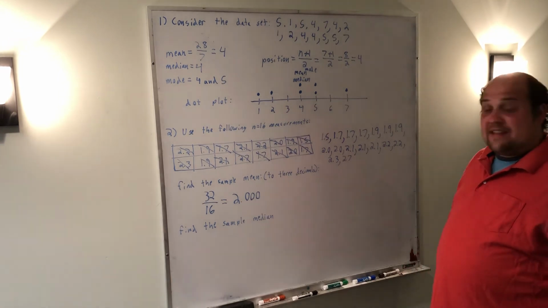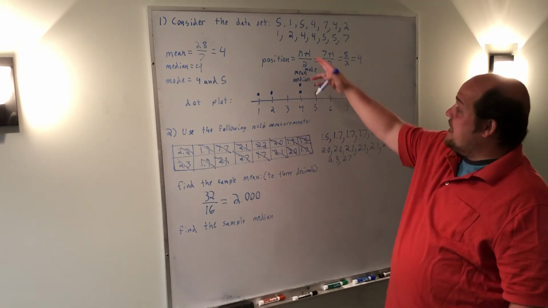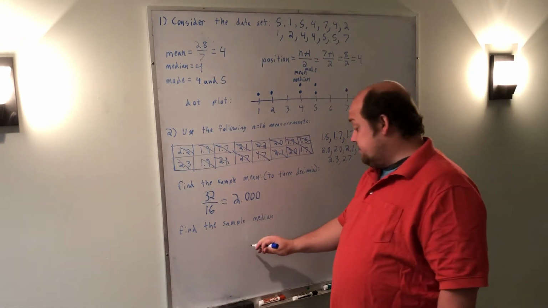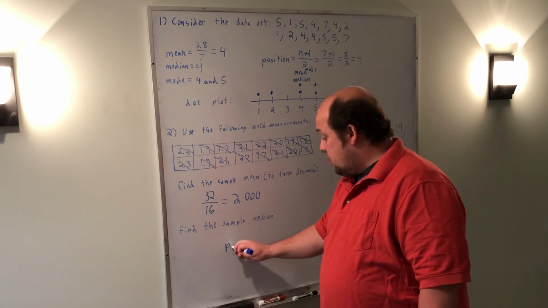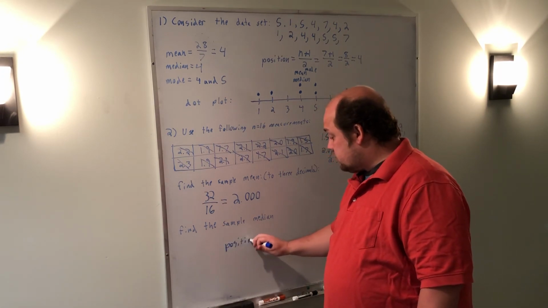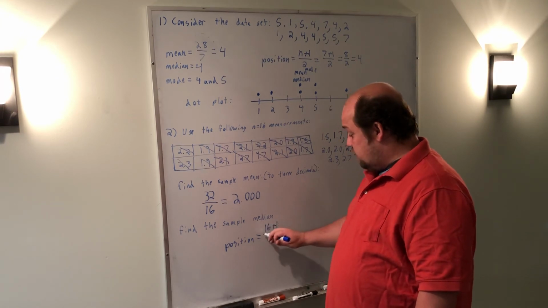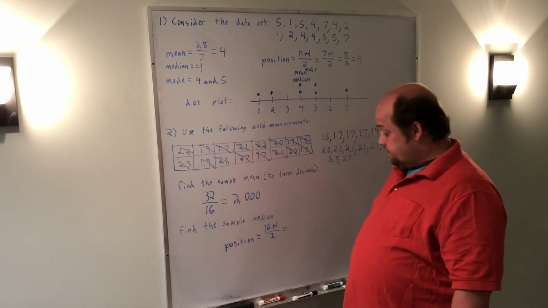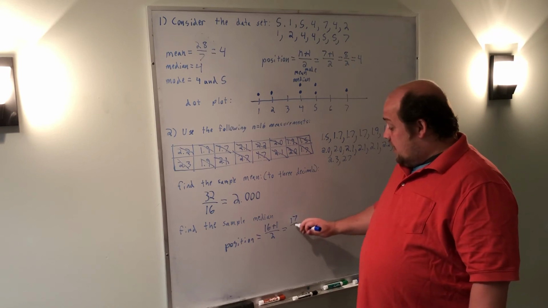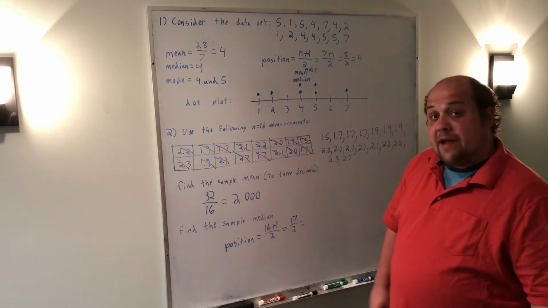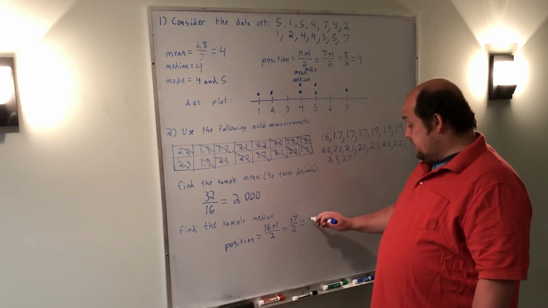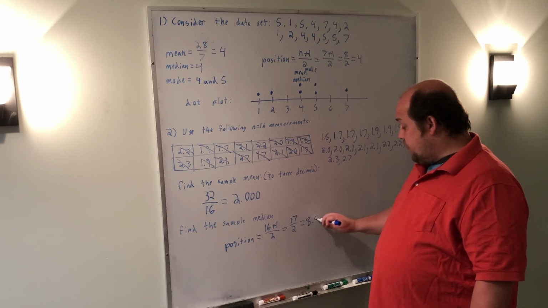When it asked me to find the sample median, I'm going to use the same position formula that I did above. The position of the median equals n plus 1, in this case 16 plus 1, divided by 2. That gives me 17 divided by 2, which is really 8.5.